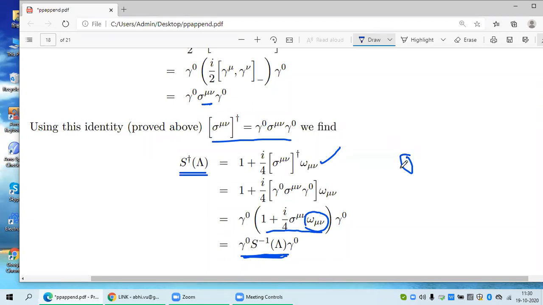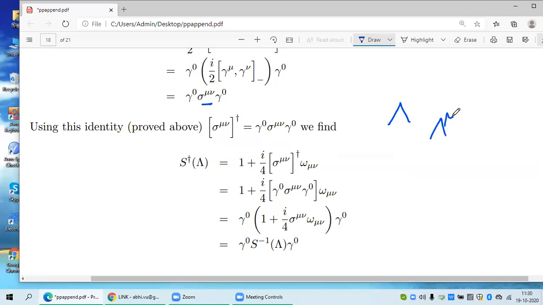These things are very crucial, so always remember this. Omega mu nu is a matrix element of the Lorentz matrix.